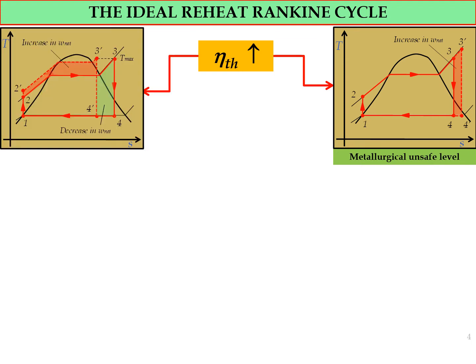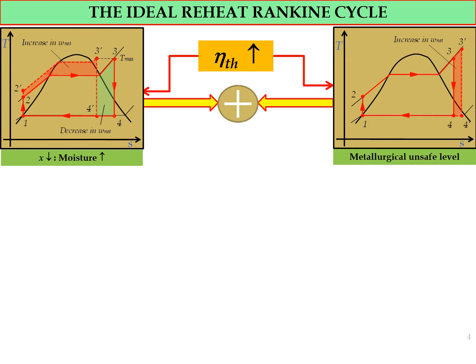And the second method is where we increase the average constant pressure heat addition process from process 2 to 3, from a bit lower pressure to an even higher pressure, state 2 prime to 3 prime. However, we have a major drawback for this method, where the moisture content will be increased, so it will damage the turbine blade.